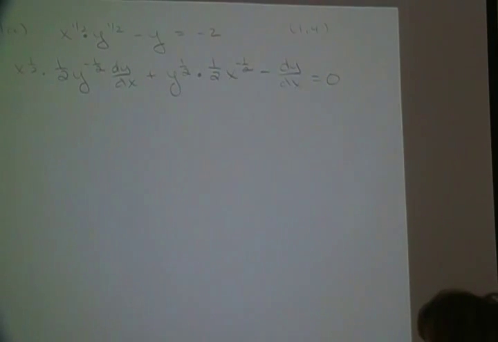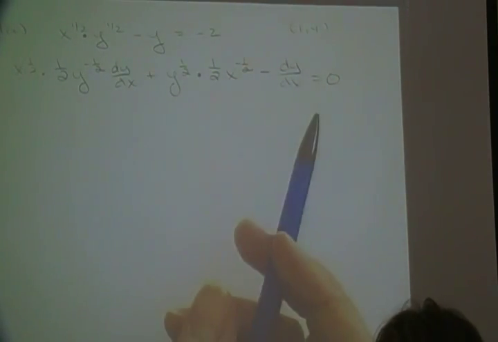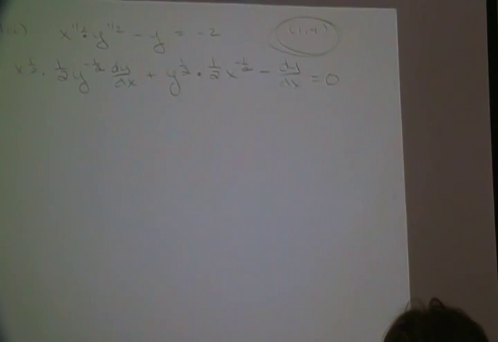So now I have a choice. I can go ahead right now and plug in for x and y. And I think that's a good idea, because otherwise I'm going to have to factor a dy/dx out and move this to the other side, and it's going to be a big mess of algebra. But if I have a point and I know what x and y are, I'm just going to plug them in right now.